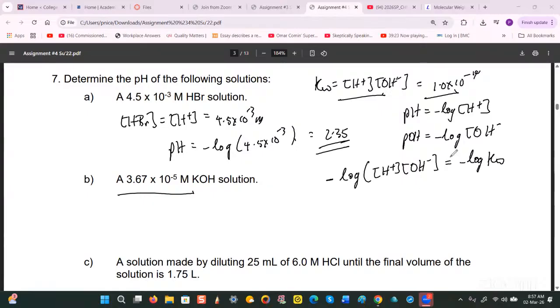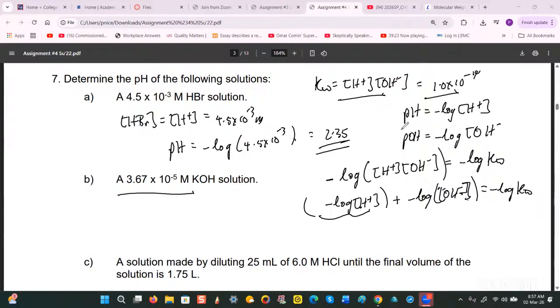Now, you should know from your algebra that this part would be equal to minus log of the concentration of H plus, minus log of the concentration of OH minus, and that would be equal to minus log of Kw. This part here would be equal to the pH.